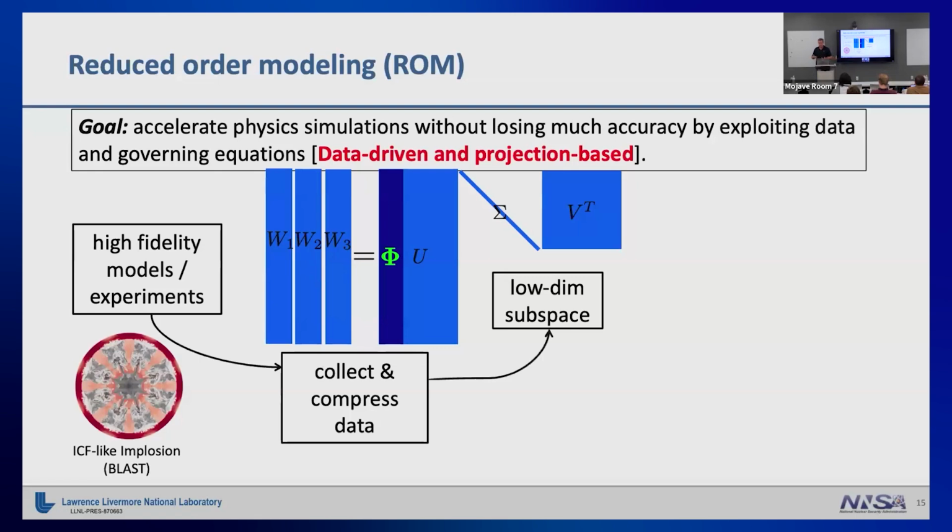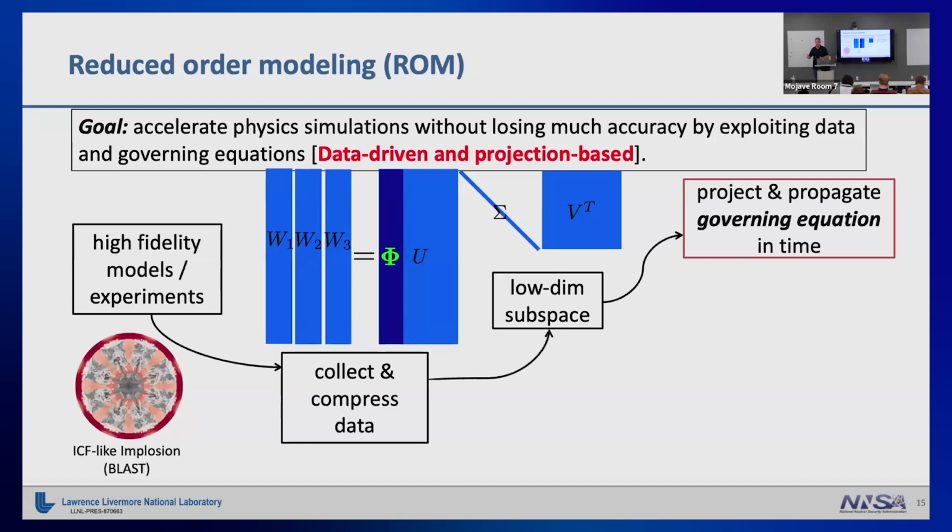And the goal is to construct a low-dimensional subspace that accurately represents the span of solutions over that range of simulations for a range of parameters. We do this just by taking the singular vectors associated with the dominant singular values. And if your simulations are very similar over some range of parameters, you will get a very low dimensional subspace.